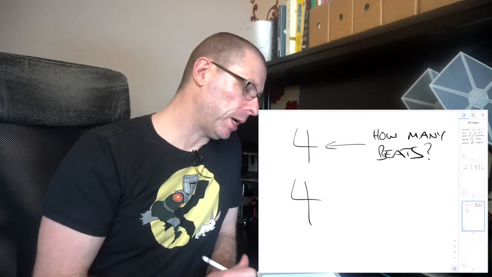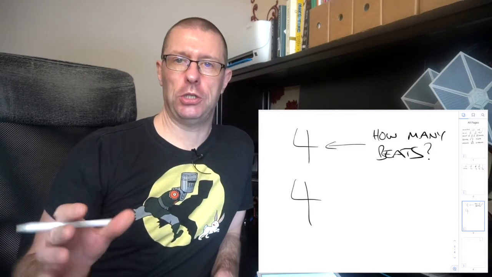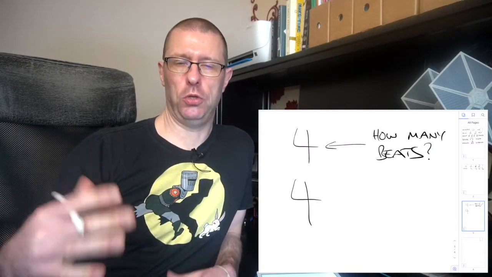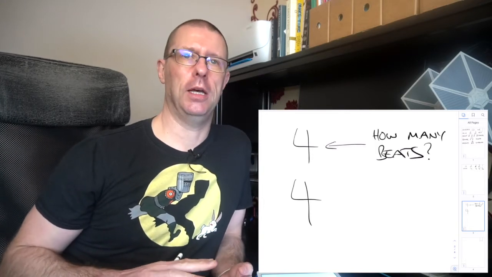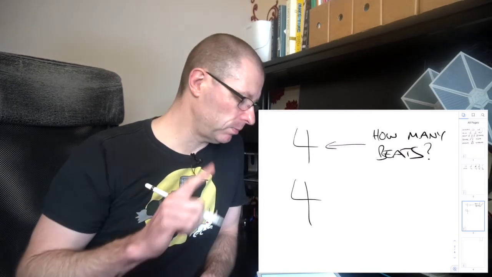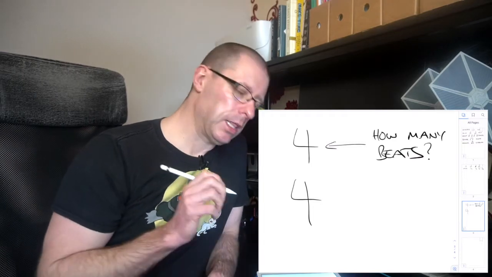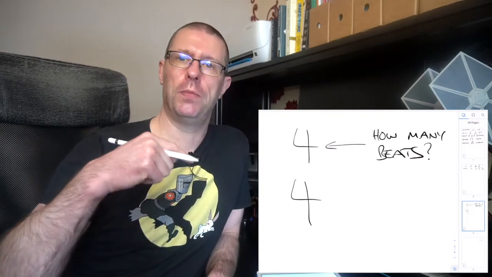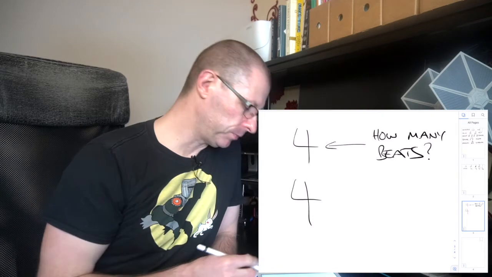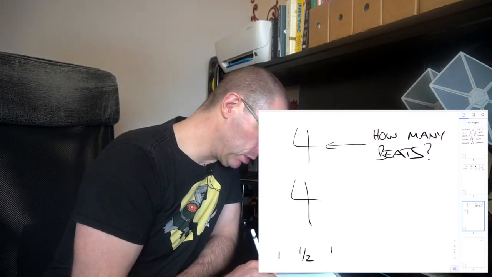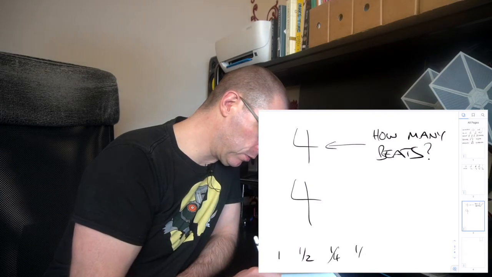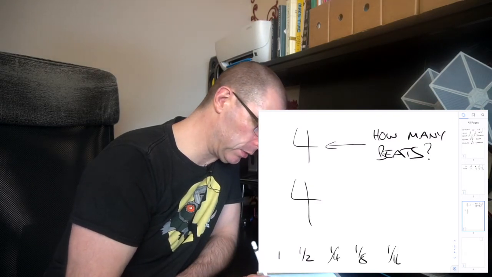Now, if we go back to the naming convention that we were talking about earlier on, not the crotchets and the semibreves and all the rest of it, but the whole, half, quarter, 8th notes and 16ths actually, then that's what helps us figure out what 1 beat is equal to. So if I just mark that down the bottom, we've got whole notes, half notes, quarter notes, 8th notes, and 16ths.